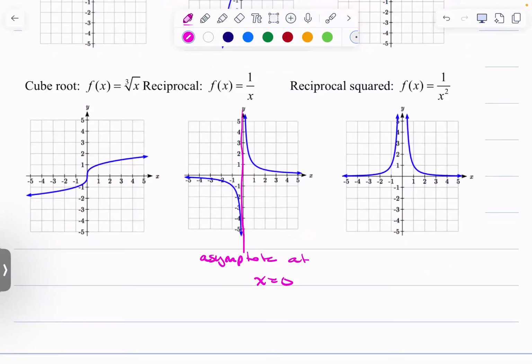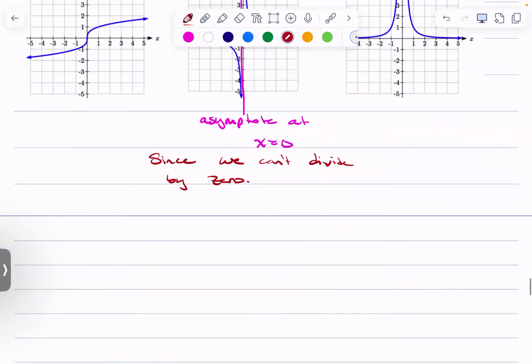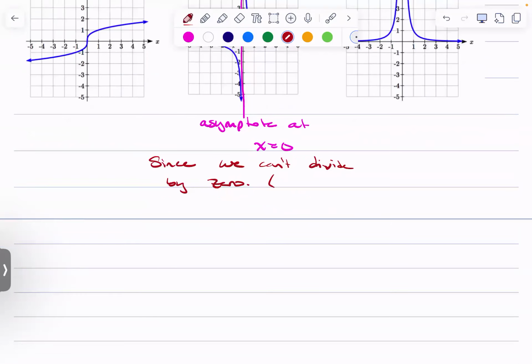In this case, it's at x equals 0 because we can't divide by 0. Dividing by 0 is undefined. It's illegal math, right? And so since we can't divide by 0, it's undefined.